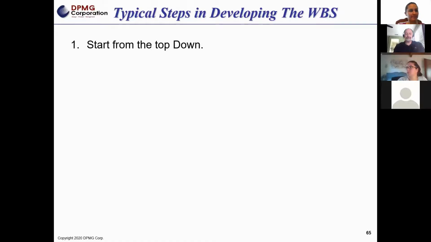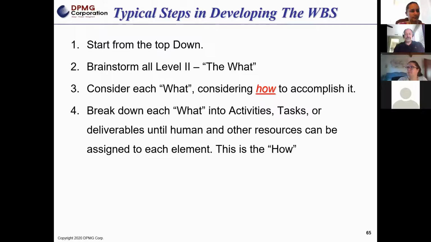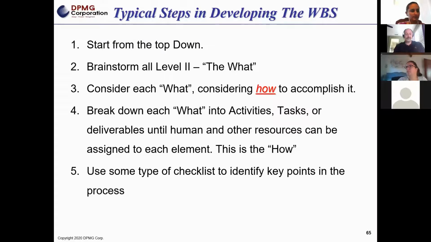Typically when you do this, you start at the top and brainstorm what it is that we need to do, which is the next level down. Then the next level below that is how we are going to accomplish that, and you just keep doing that at every level.